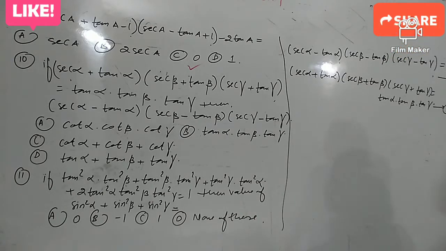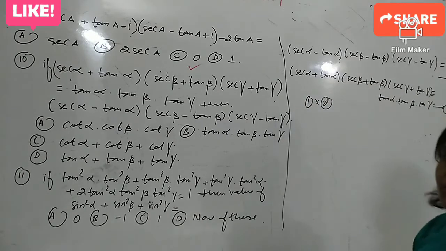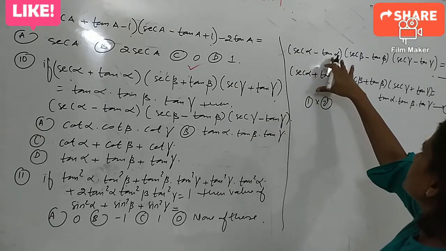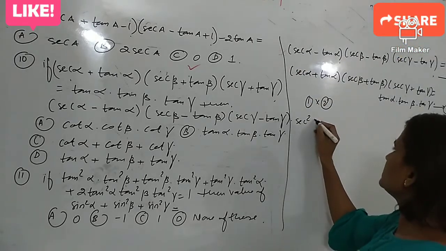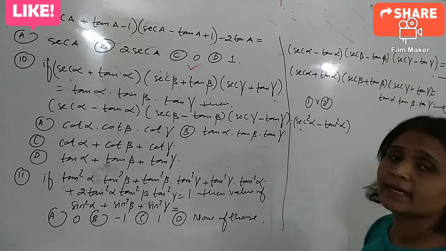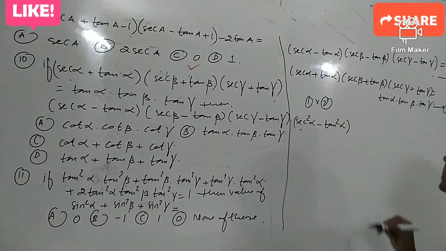So what I am doing is the product of equation 1 into equation 2. In this product, (sec alpha minus tan alpha) into (sec alpha plus tan alpha), you will get sec square alpha minus tan square alpha, from the identity (a minus b) into (a plus b) is equal to a square minus b square.